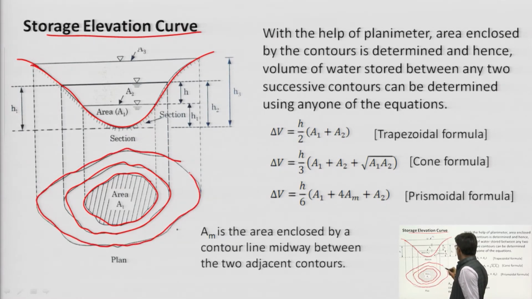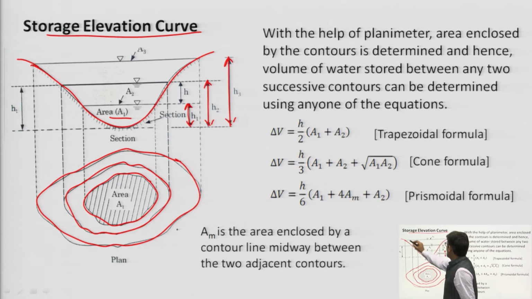within different heights. Say this one as H1, the area A1; at height H2, the area A2 can be calculated, and similarly at height H3, the area of the water can be calculated.